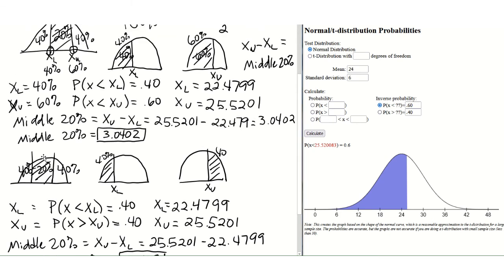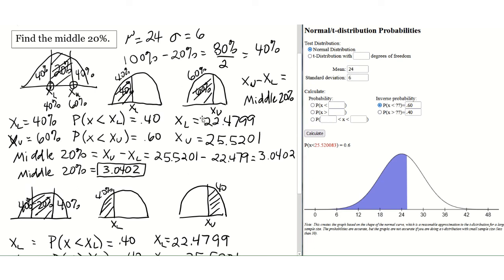If you have a middle portion, then what you're looking for is you want these two endpoints. You want your lower boundary and your upper boundary of where those percentages are.